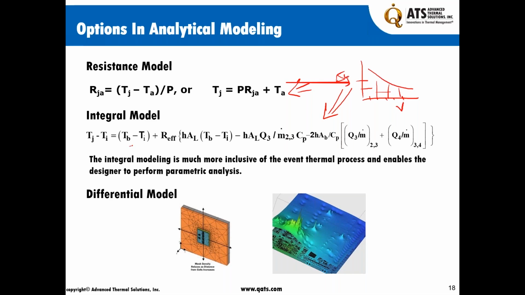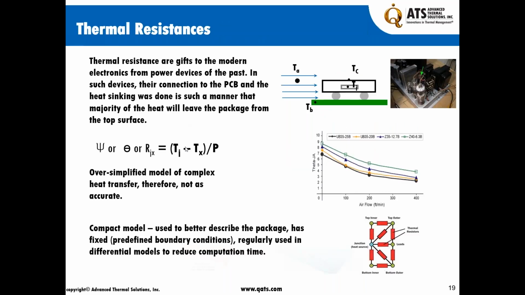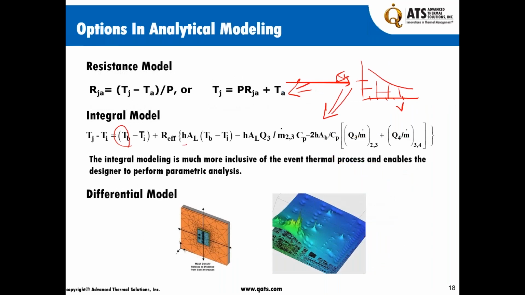So this enables me to look at the temperature of the board, for instance, look at the heat transfer from the leads of the device, look at the R effective for the device. I can look at the effect of the adjacent boards, as you can see here, and look at what happens in the adjacent as far as the fluid is concerned.